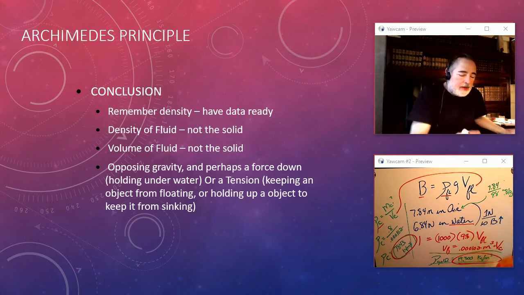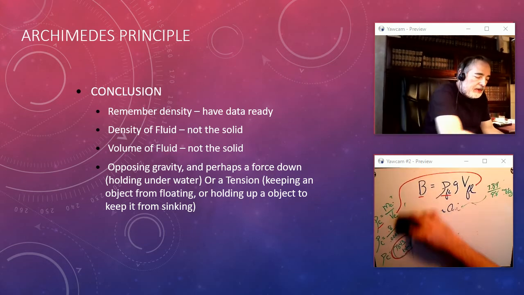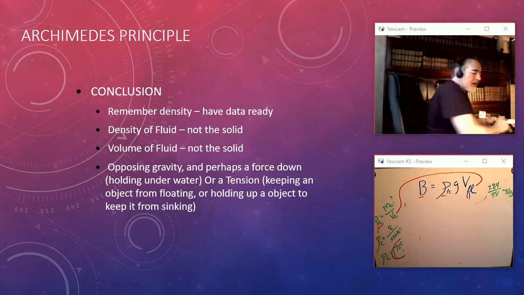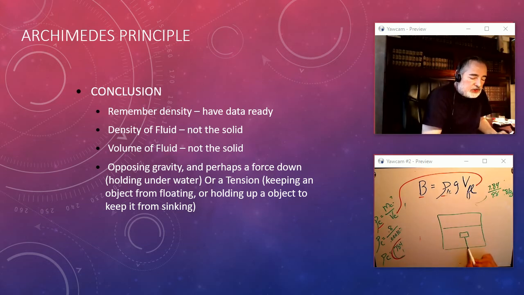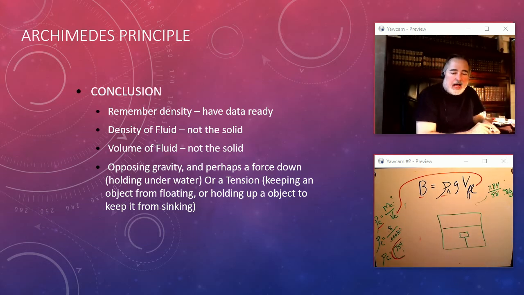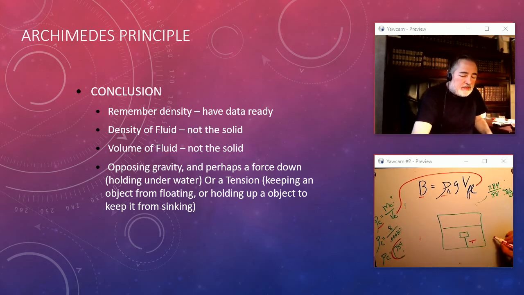Let me show an example here. If I have a cork, like I said before, and it's totally submerged, I have created a tension on this rope because the buoyant force is greater than the force of gravity down, just by a smaller amount.